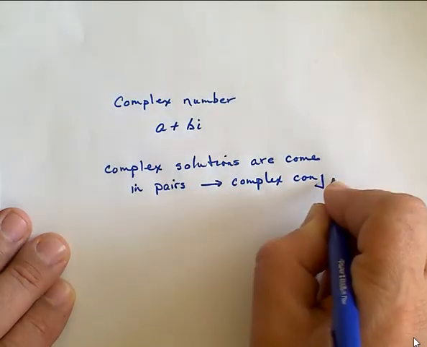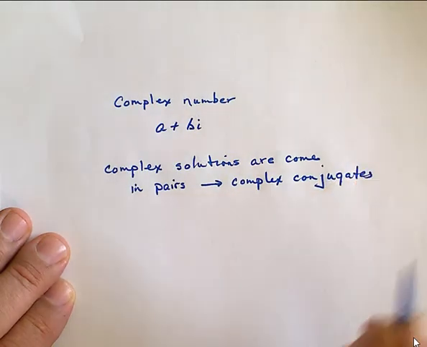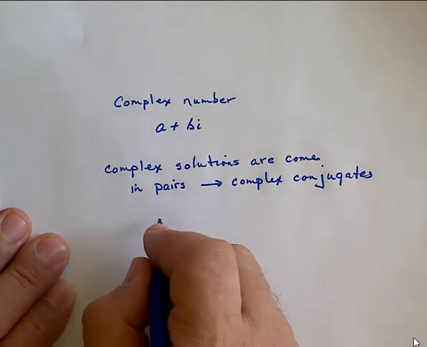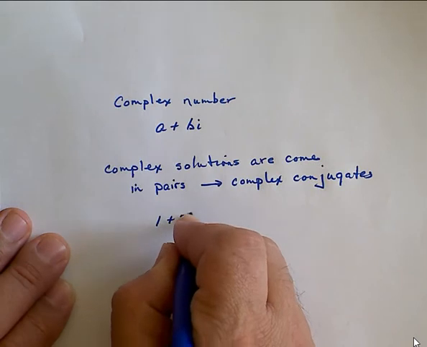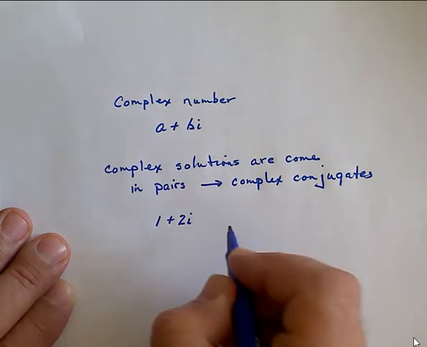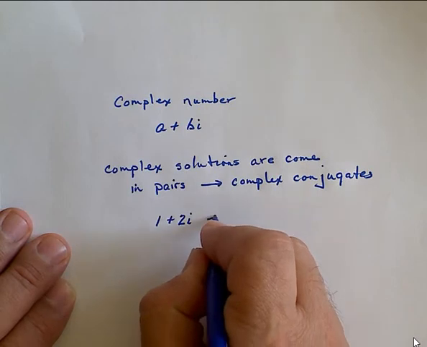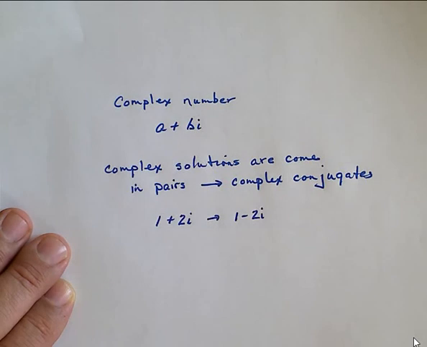That means that if you have 1 plus 2i, and we know that it represents a solution to a polynomial function, then another solution must be 1 minus 2i, which is its conjugate.